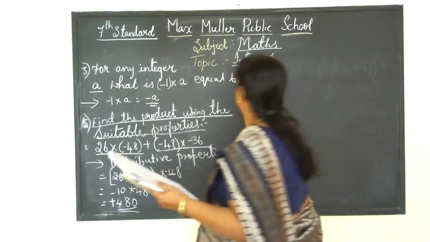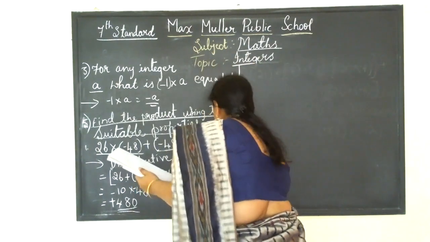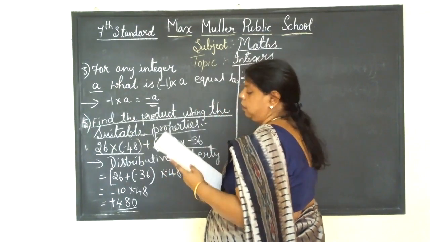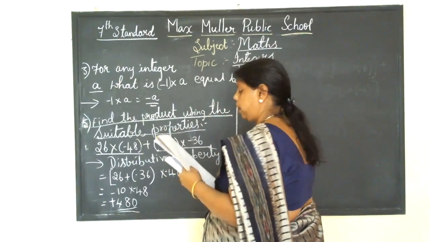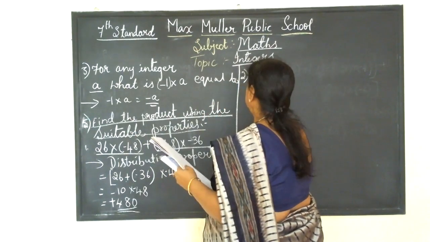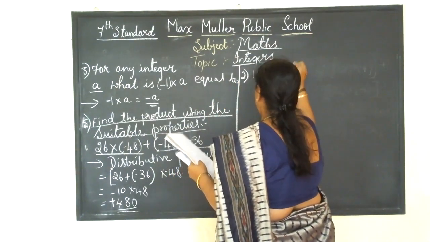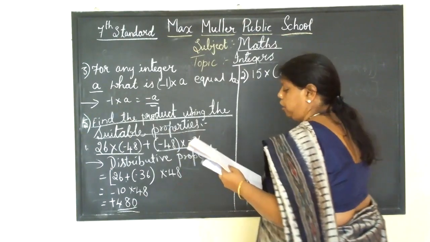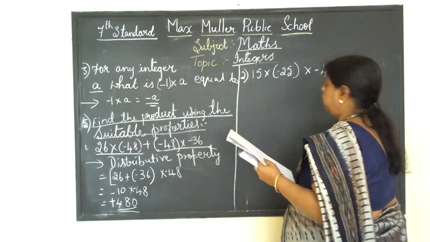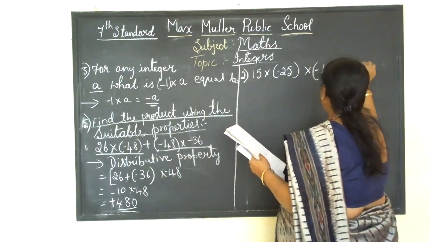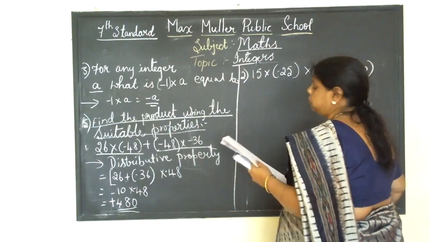Next, second one in the same heading. 15 into minus 25 into minus 4 into minus 10.